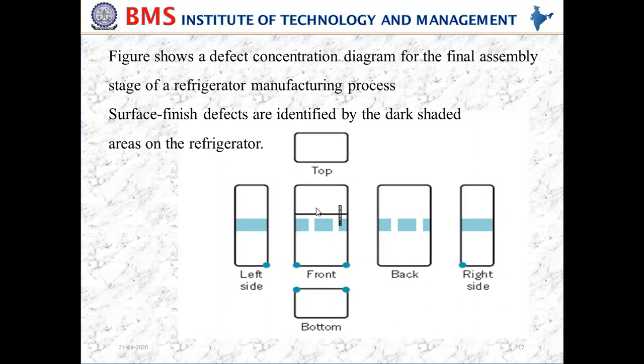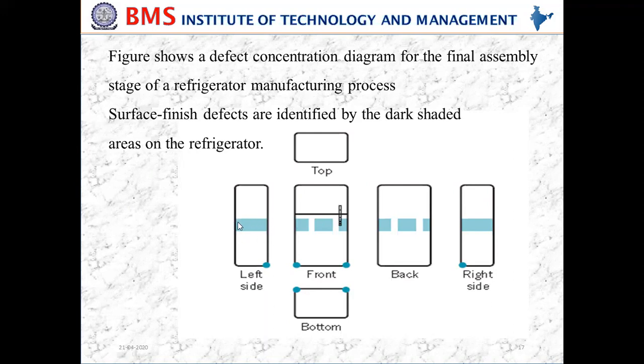See here, the front view of the refrigerator is drawn, bottom view, top view, the side views, right side view, left side view, back view, all these views are drawn. Having drawn these views, I have identified the surface finish defects, and the area with more surface defects is dark shaded.